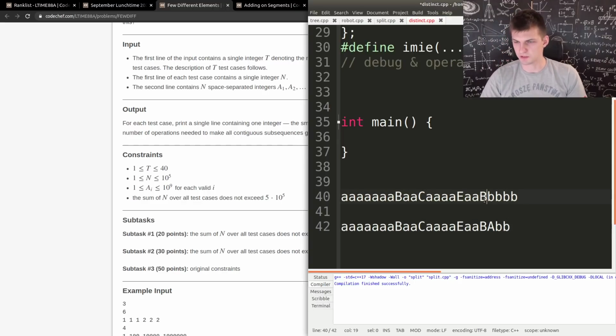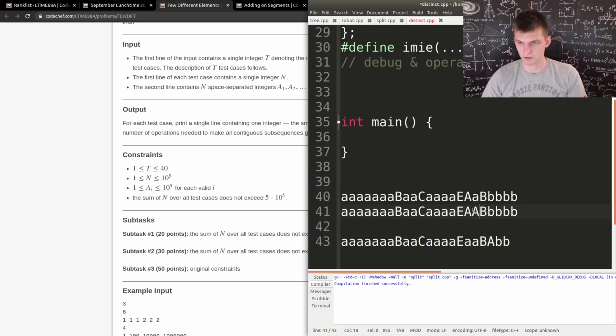If it's this, shouldn't I change those to E's or B's? Can this be E? Then that is messed up. But can I change both to E's? Yes, unless this is A or this is A already. Uppercase means it was like that from the very beginning.